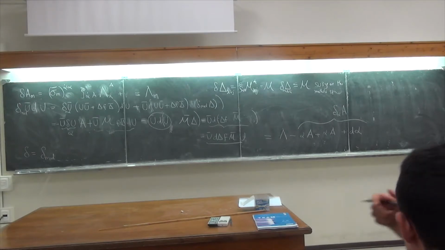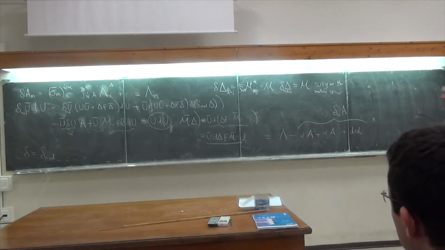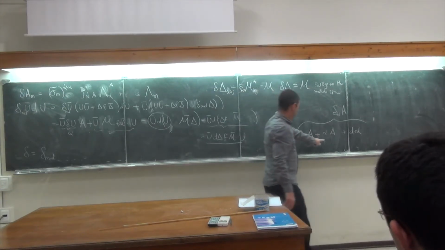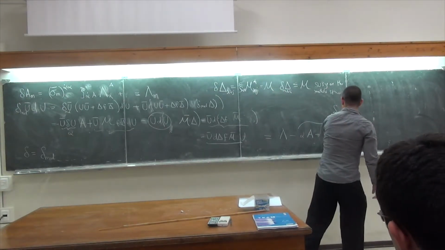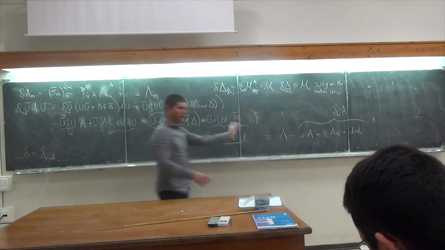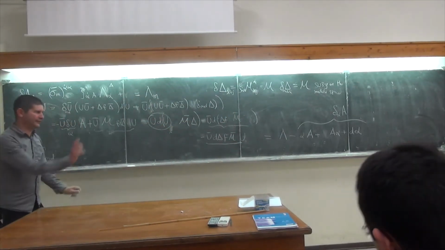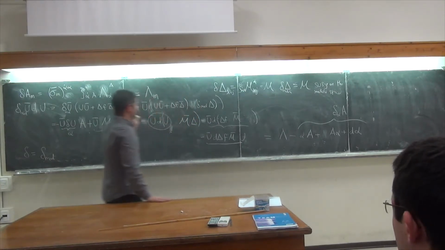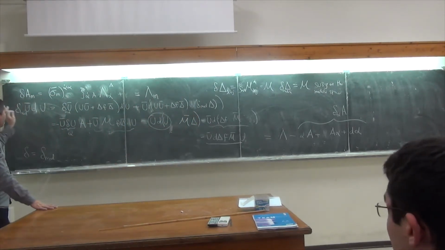Sorry, alpha A and minus alpha A plus alpha A cancel everything, right? Sorry, no, this was the other side. It's the commutator of alpha A plus d alpha. This is the gauge transformation. This is written explicitly.